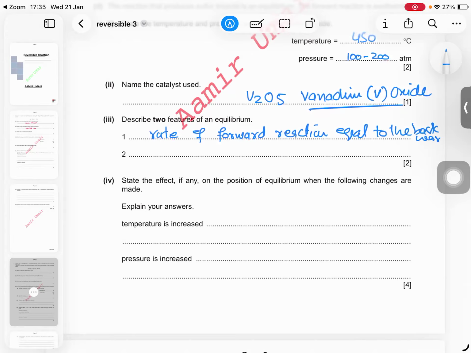Yes, the concentration of the reactants and the products becomes constant, not the same, okay? Never ever say the same.